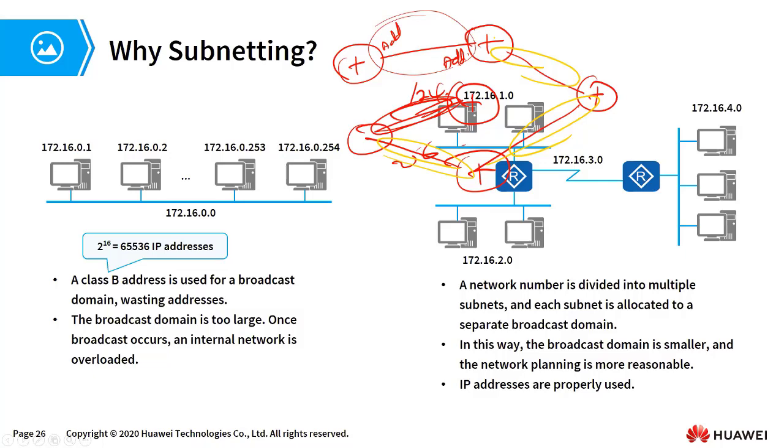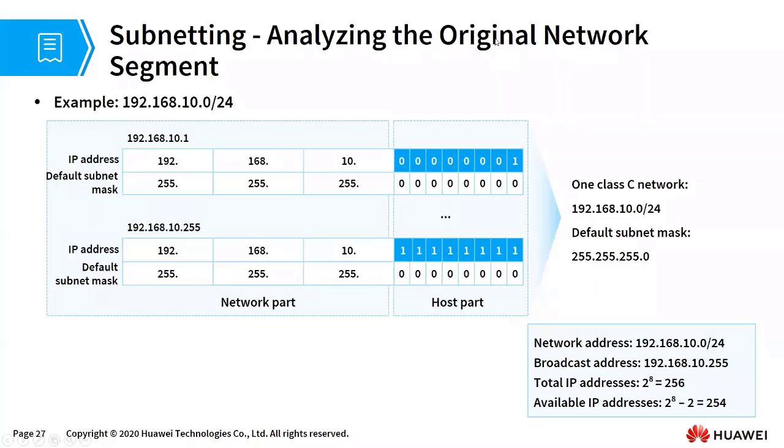But now, let us try to break this down more clearly. In a typical class C network, that is a /24, we have 8 host bits. With 8 host bits, we can support 2 to the power 8 total addresses, giving us 256 addresses.